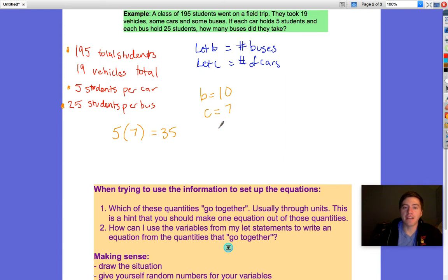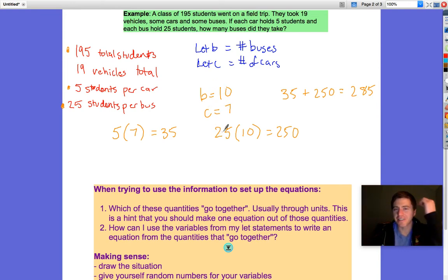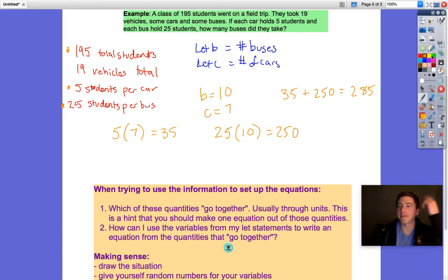Then, there are 25 students in a bus, and with 10 buses it's 25 times 10, that's 250. The students in the cars plus the students in the buses give me total students, 285 in this case. Like I said, I made these up, this is not a real number, but sometimes it just makes sense to use numbers instead of variables. If I had 10 buses, I would do 25 times 10. That makes sense.